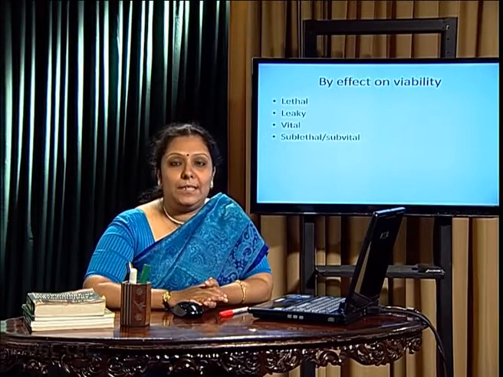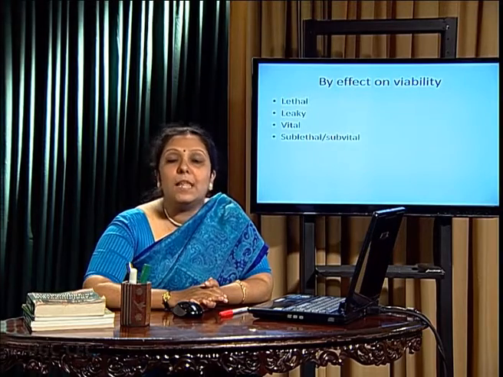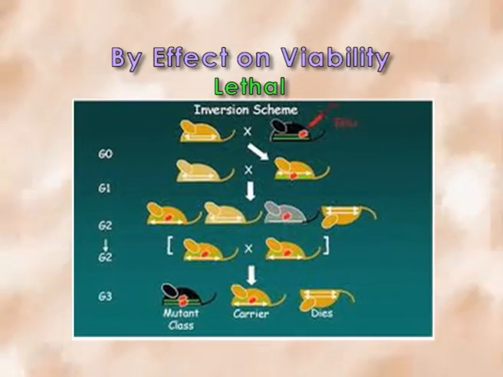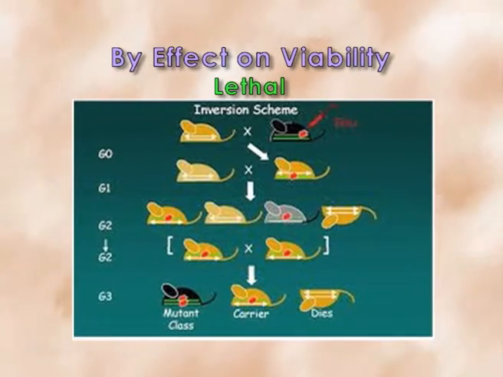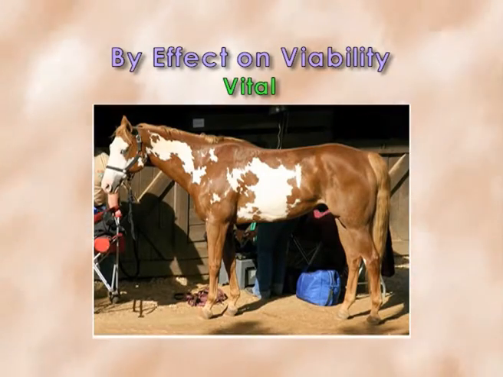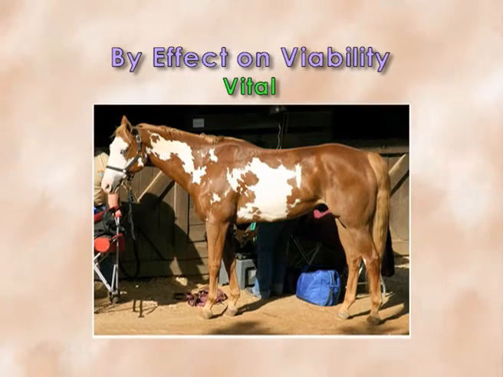According to viability, mutation can reduce the viability of the organism. Or a mutation may not kill the organism, may not be important for the viability. So they are called vital or viable mutations, which are not important for the mortality or the viability of the system.